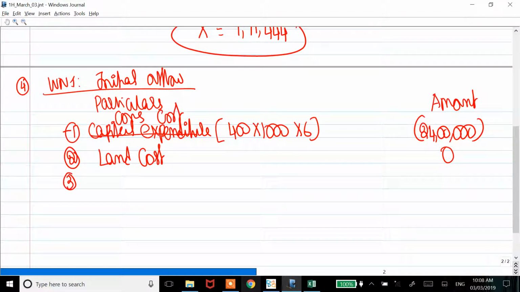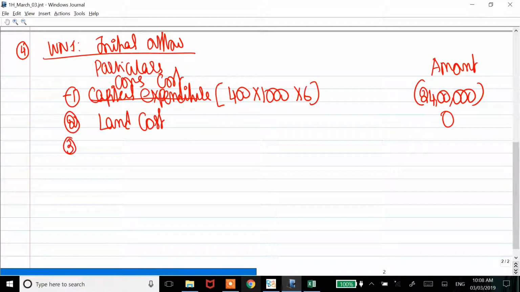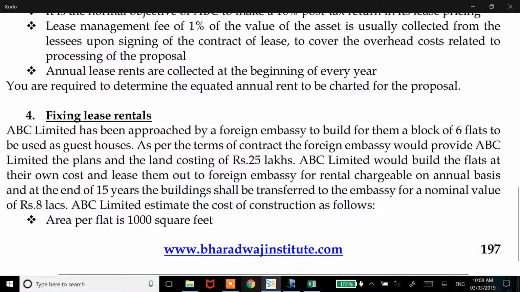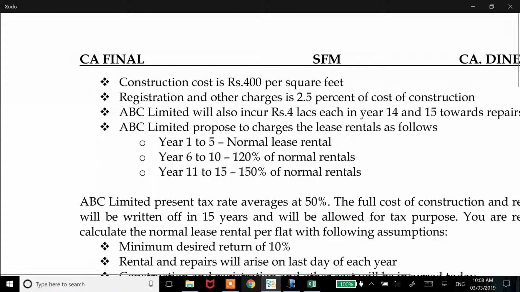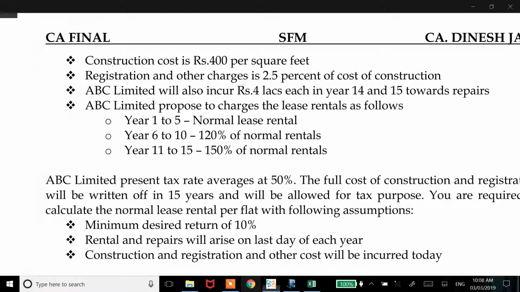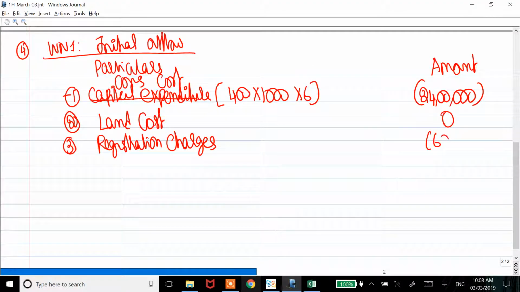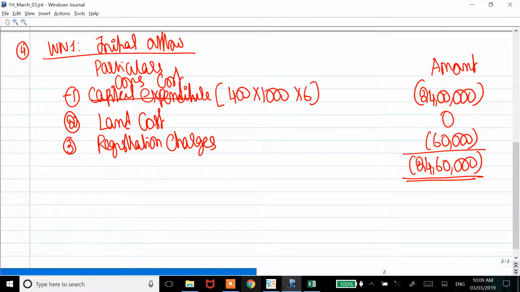Any other expense happens on day 0? There is one more expense. Registration charges. What have they mentioned about registration? 2.5%, which is 60,000, and my initial outflow is 24 lakhs 60,000.